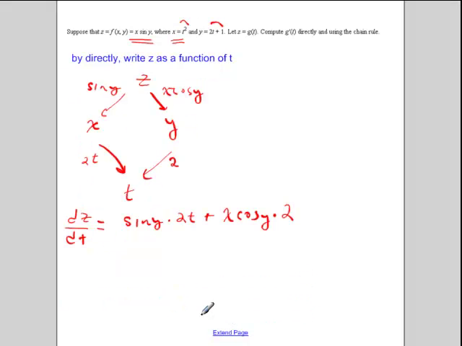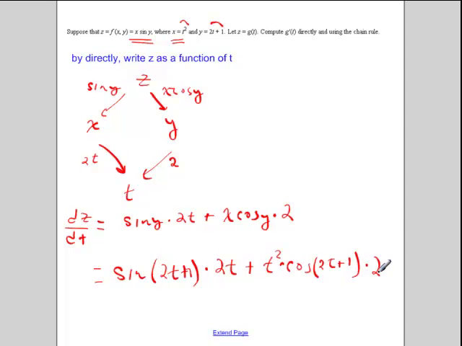Now, what you should be thinking right now is, this is a little bit ugly because I've got y's and t's and x's, but we can replace everything in terms of t because we know what x and y are in terms of t. So this ends up equaling sine of 2t plus 1 times 2t, plus t squared, because that's x, times cos of y, which is 2t plus 1, times 2.